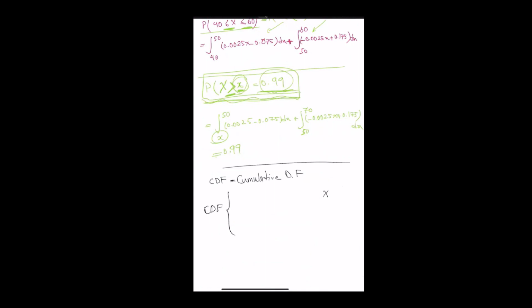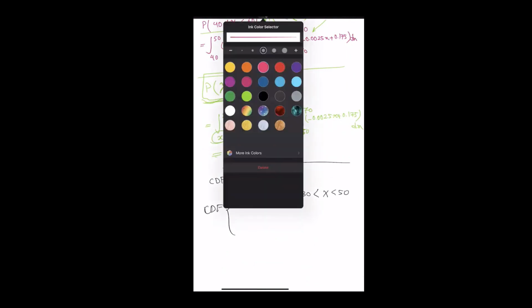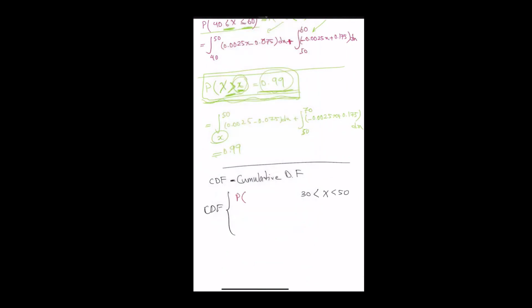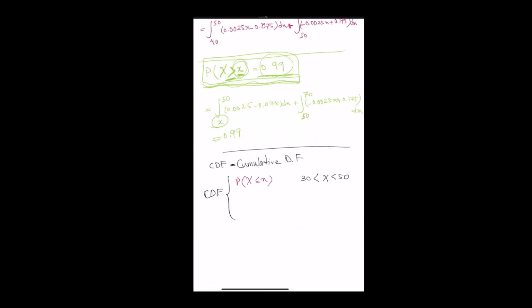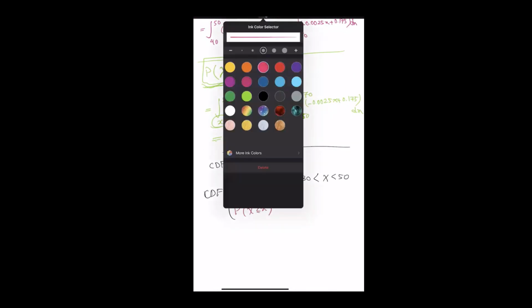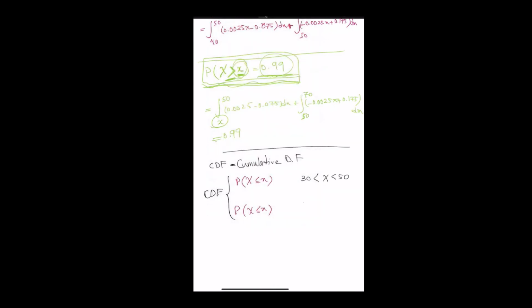If x is any value between 30 to 50, then I need to calculate the probability of x less than or equal to lowercase x, and also if x is between 50 to 70, I still have to calculate this.